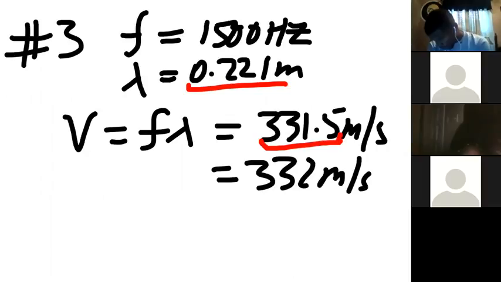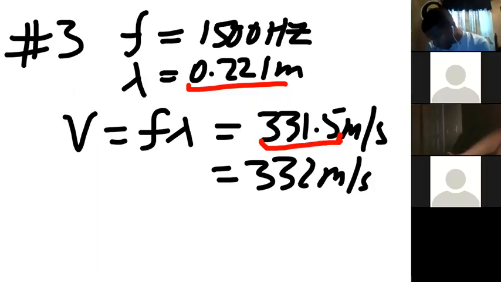But since the last digit to be discarded is 5, you're gonna round up by adding 1 to the last significant digit. So you have 332. If the last digit was less than 5, let's say if it was 4, then the answer would just be 331.